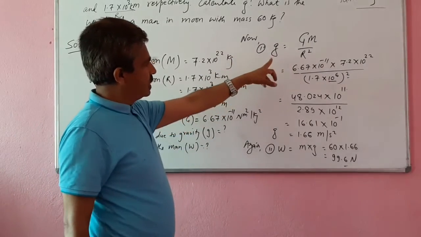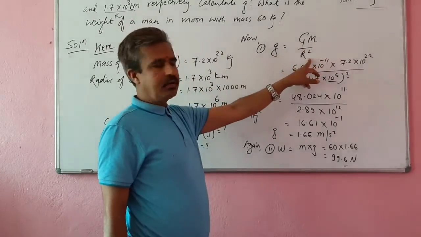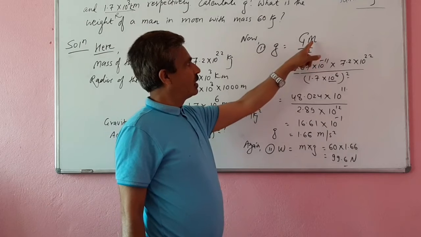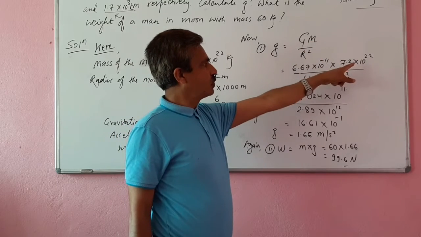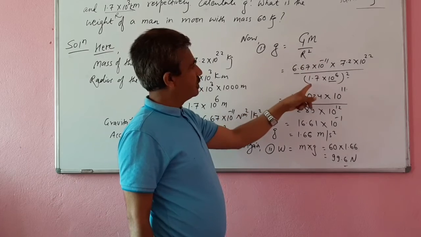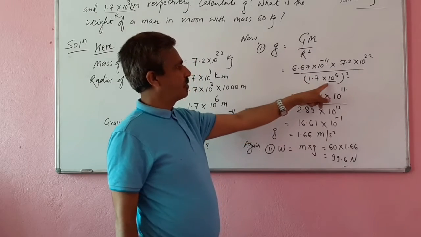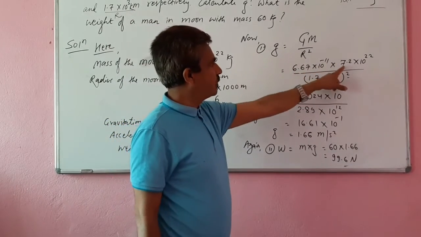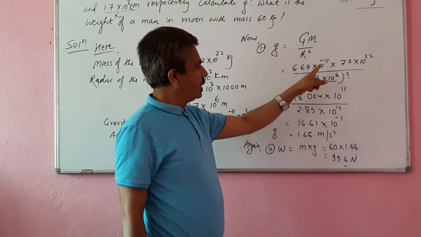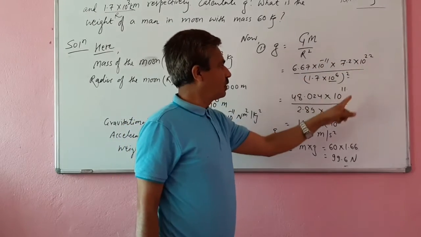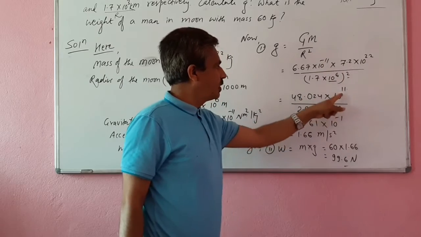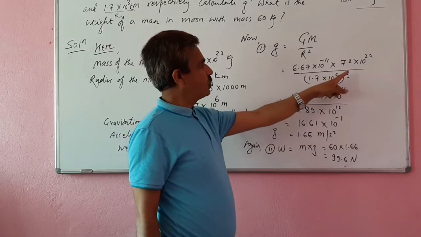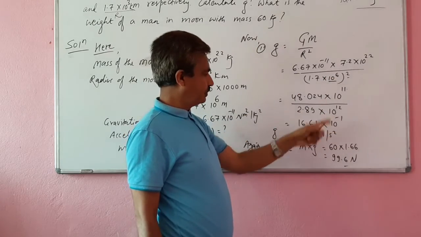Now, number 1, g equals GM by R square. Capital G, value is 6.67 times 10 to the power minus 11. Mass of the moon, 7.2 times 10 to the power 22. And R, radius of the moon, 1.7 times 10 to the power 6 square. We multiplied 6.67 and 7.2, we got 48.024. 10 to the power minus 11, 10 to the power 22, 22 minus 11, 11. 1.7 whole square, 2.89. 10 to the power 6 whole square, 10 to the power 12.